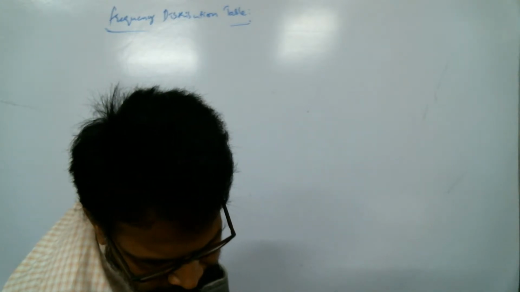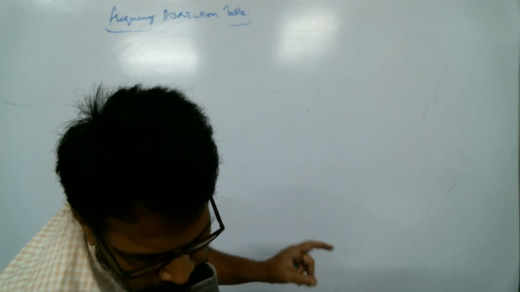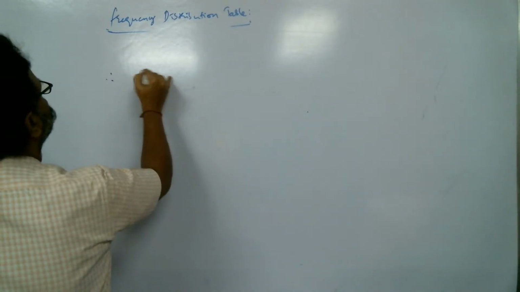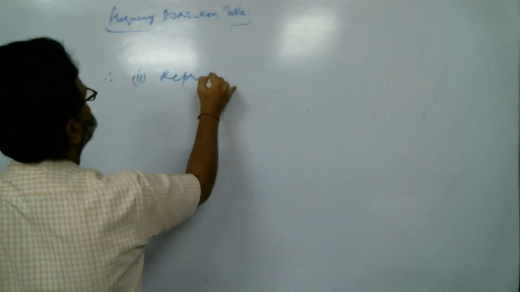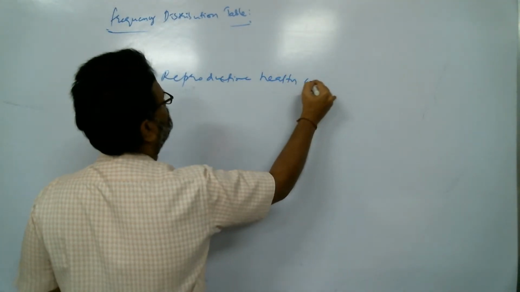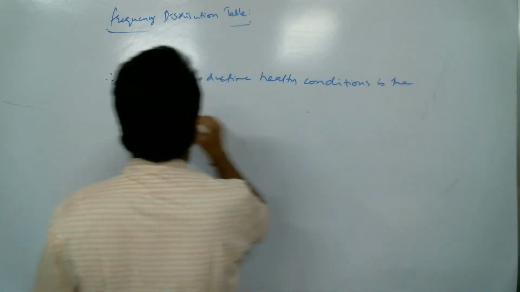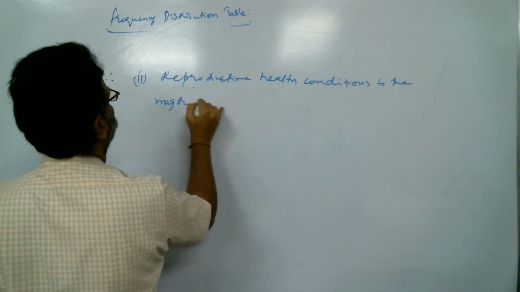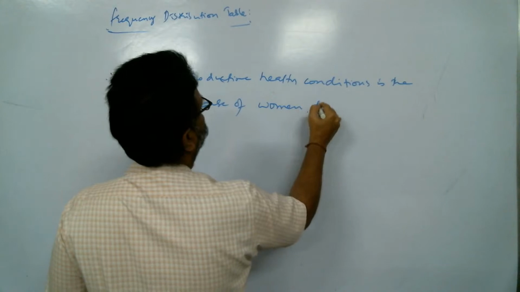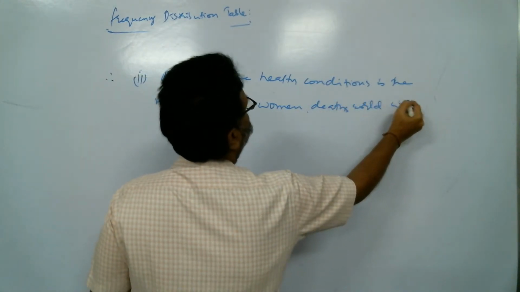So which condition is the major cause of women's ill health and death worldwide? Major cause is the highest amount. So reproductive health conditions. Therefore, first, second part: reproductive health conditions is the major cause of women's ill health and deaths worldwide, because it has the highest percentage.